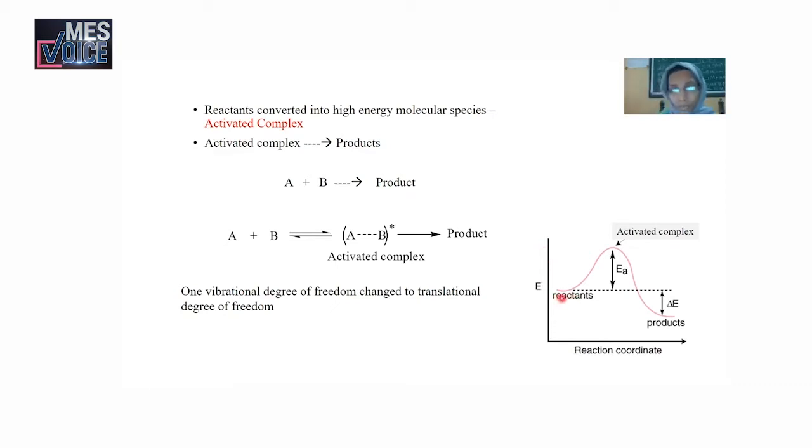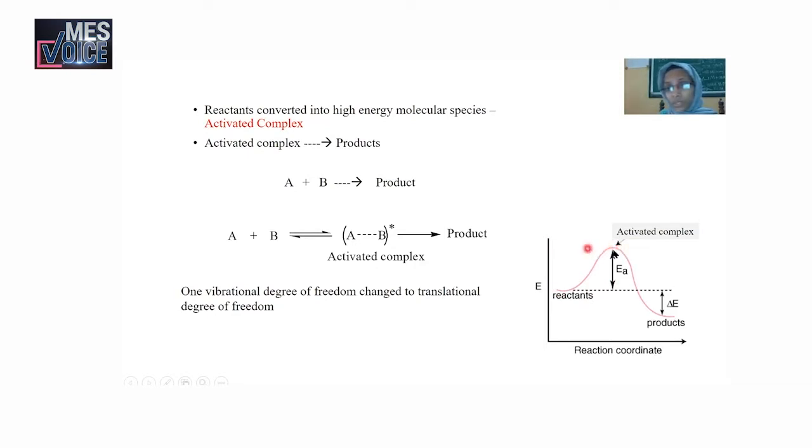This represents the energy of the reactant, and this is the energy of the product. This is an exothermic process because the reactant has a high energy and the product has a minimum energy. The highest peak of this curve indicates the energy of the activated complex.